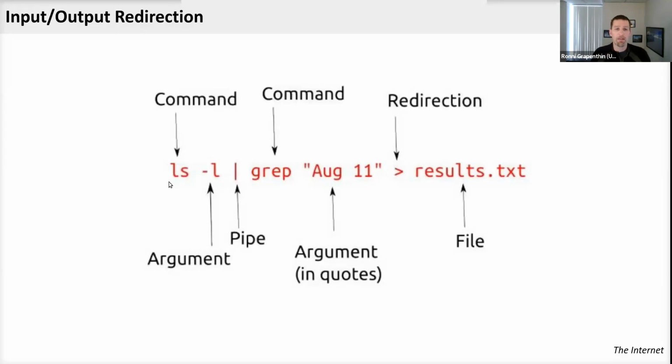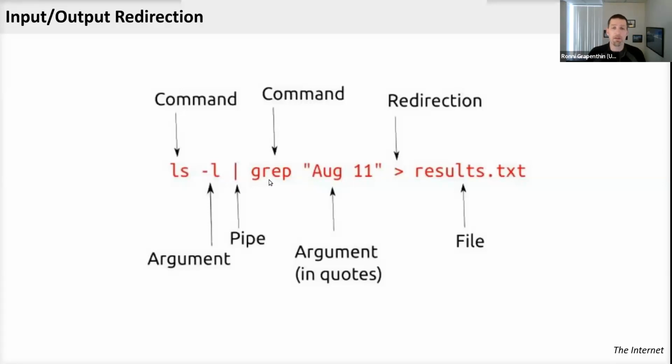First, we have a command that is ls -l. So list the contents of the current directory in the long form, -l, and then take that output, do not print it to the screen, but instead pipe it or redirect it into the program grep.